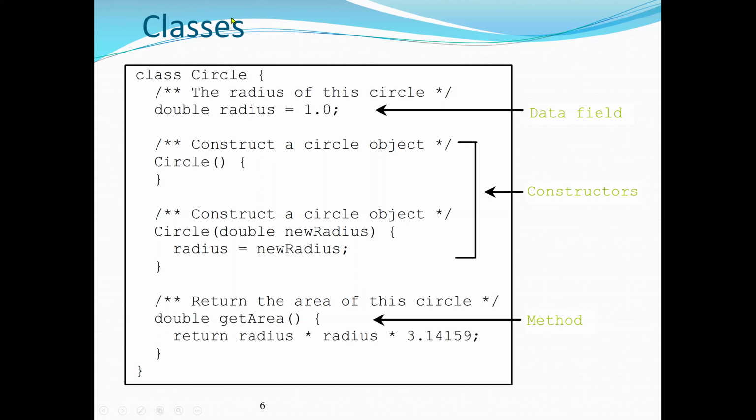Again, here we have a class named Circle. Every class consists of two types of things: the data members and the methods. The data members can be as many as we want, depending on the design of the class. Here, Circle only has radius. Or we can decide to use diameter, since one of the characteristics of a circle is also a diameter.